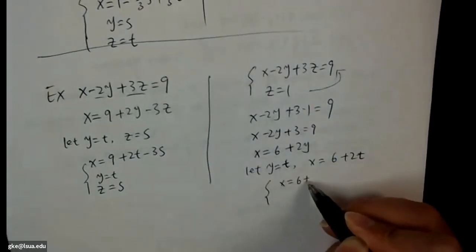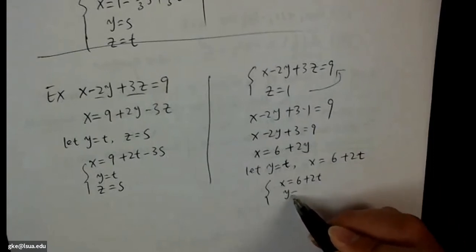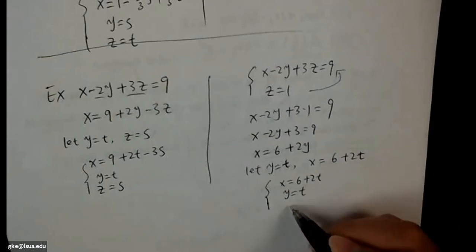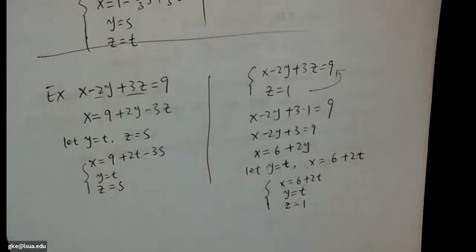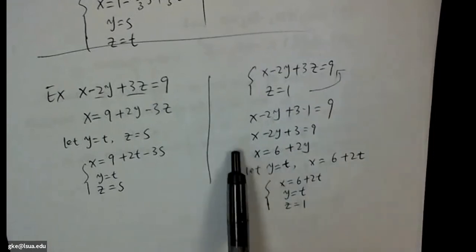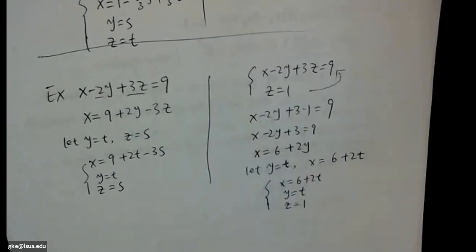We have the solution or parametric representation here. Yeah, I already defined that z equals 1. So what are you going to do? Just plug back in, and we get x equals 6 plus 2y. And then we can pick y, and we're going to get x equals 6 plus 2t.